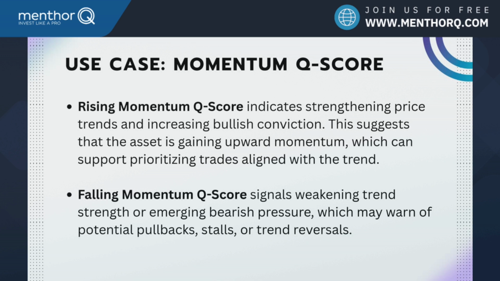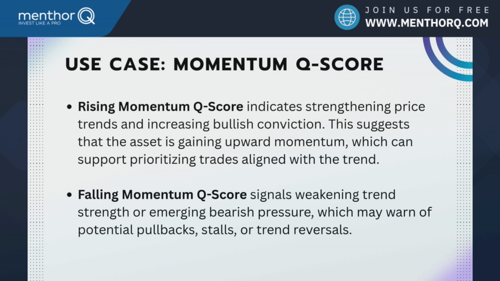When we see rising momentum, that indicates a strengthening in price trends, and an increase in bullish sentiment coming from the price action. This could mean that the price is gaining upward momentum, and this can support how you place your trades and how you can align with the trend.